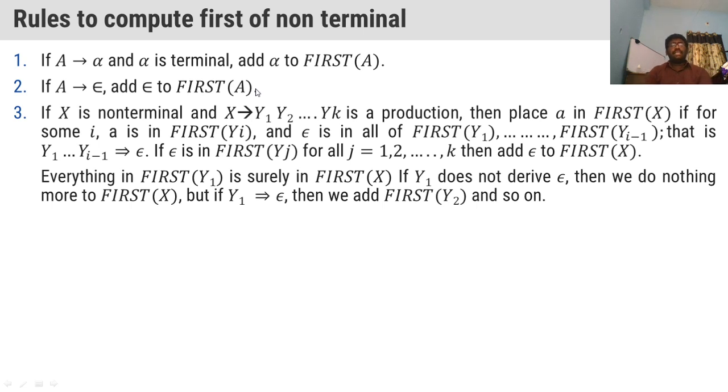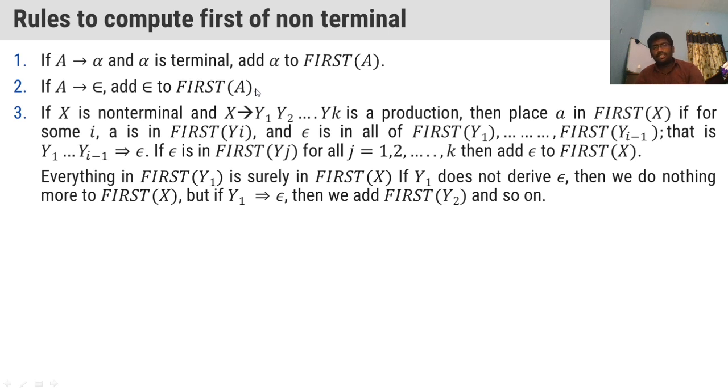You see, our second rule is, if the production is in the form of A implies epsilon. On the right hand side we have only epsilon.